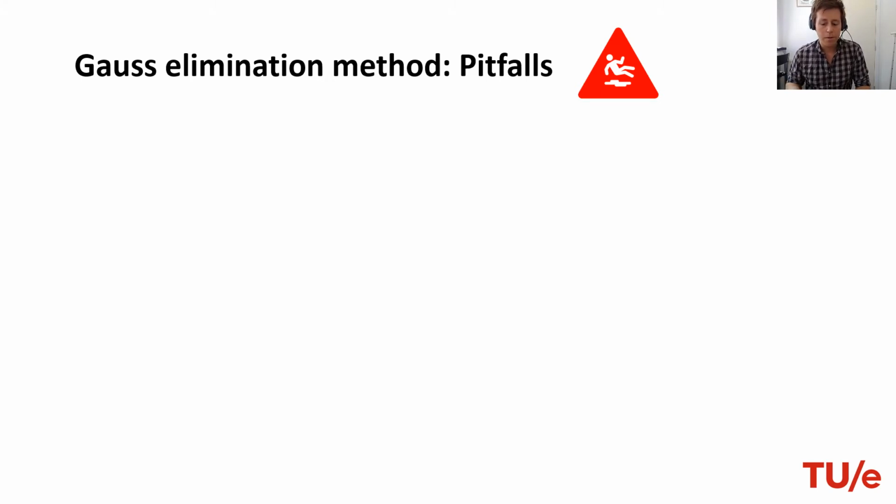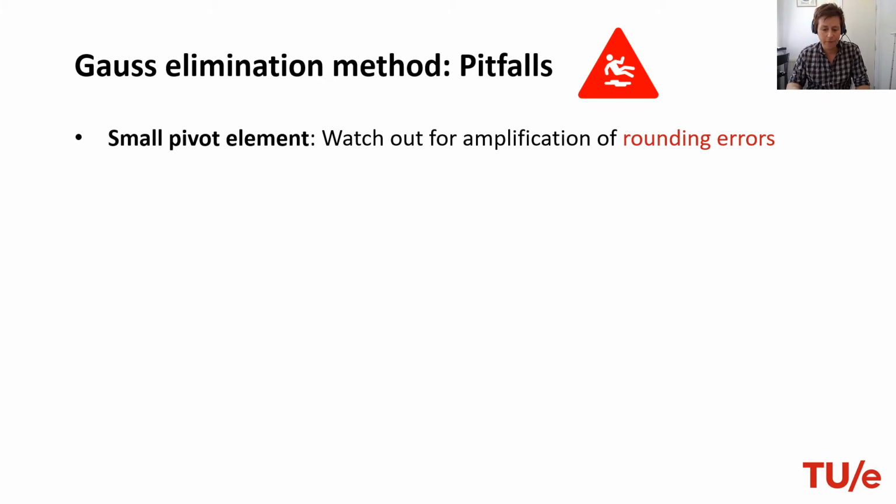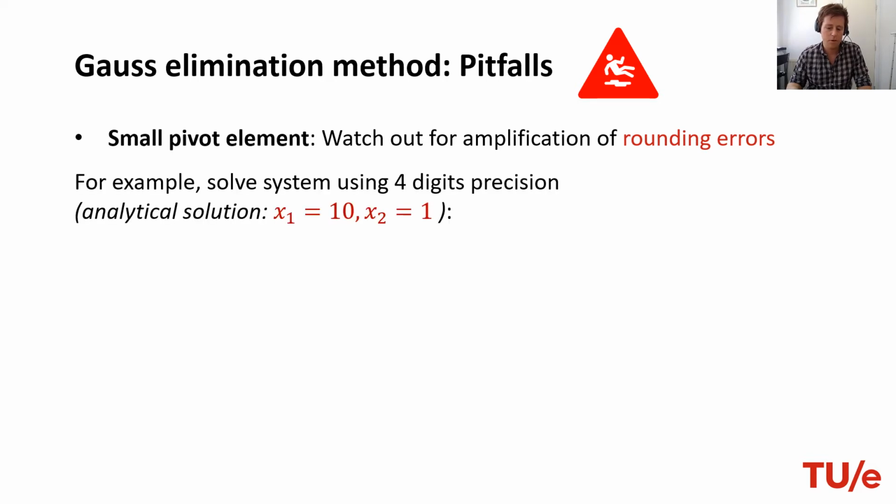Now, another pitfall is the possibility that we have a very small pivot element, which is not equal to 0, but quite close to it, or at least smaller than the other elements within that row of the matrix. Let's take a look at an example.